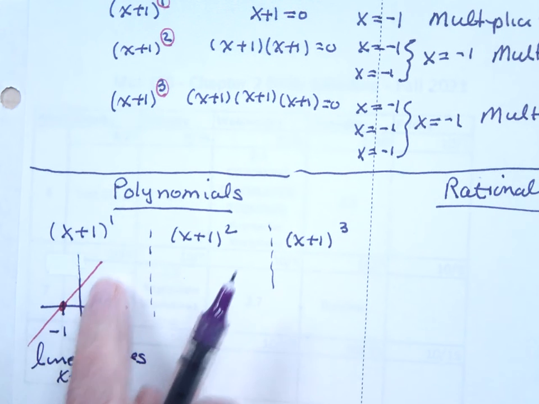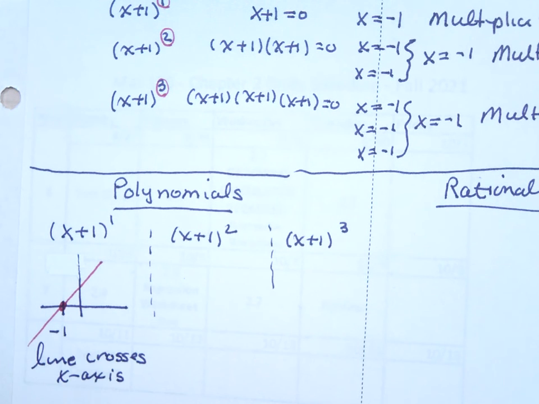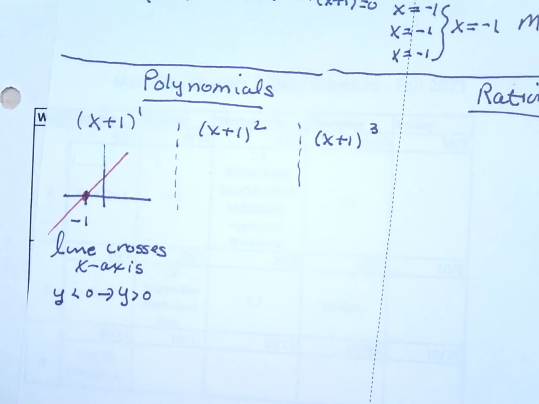And when it crosses the x-axis, on one side y is negative, and on the other side y is positive. So y changes sign.